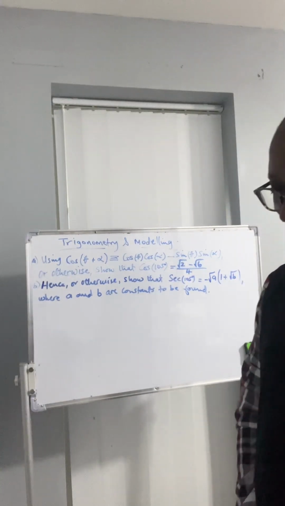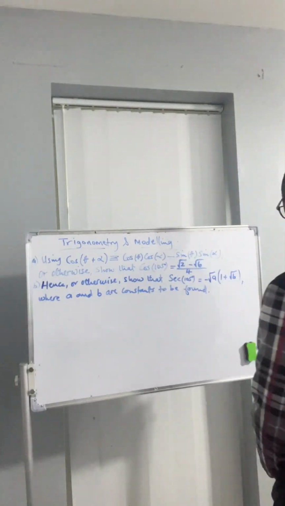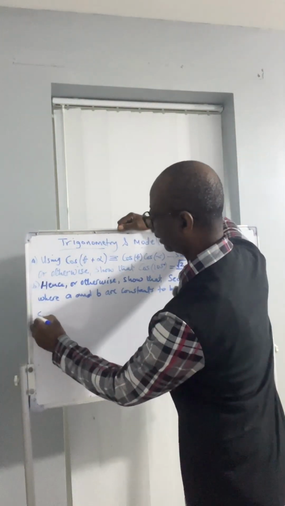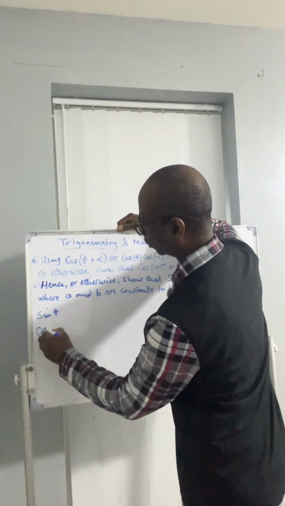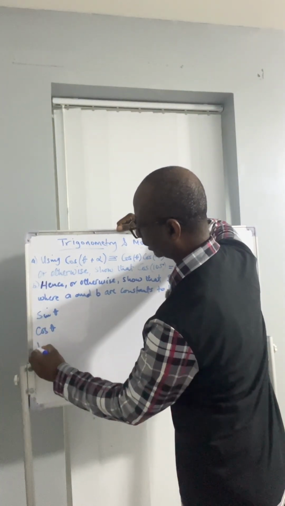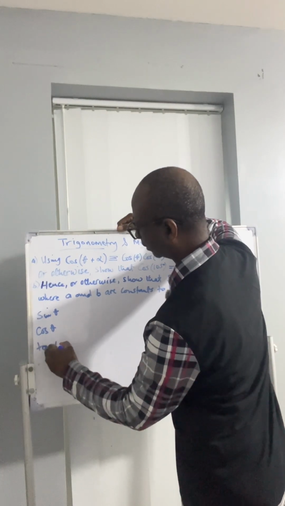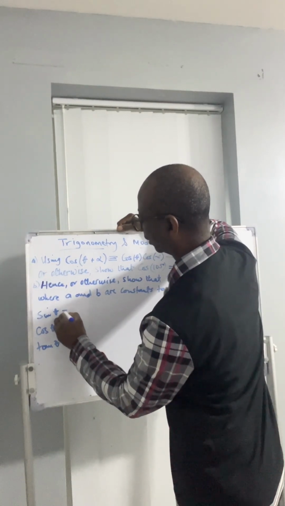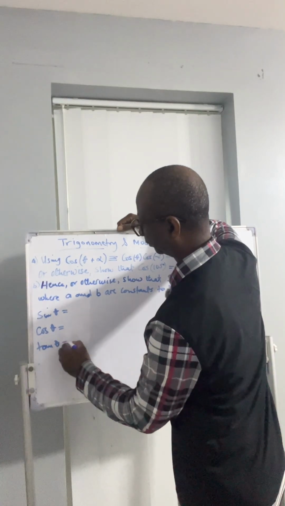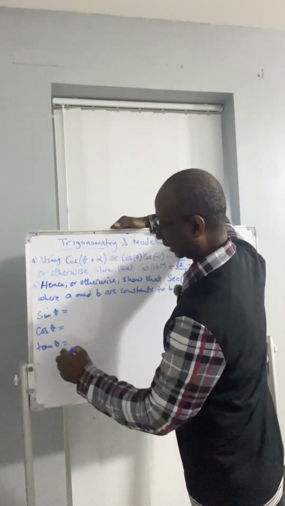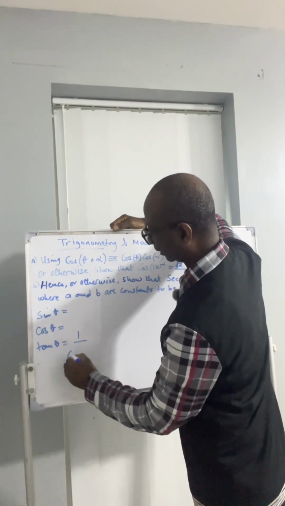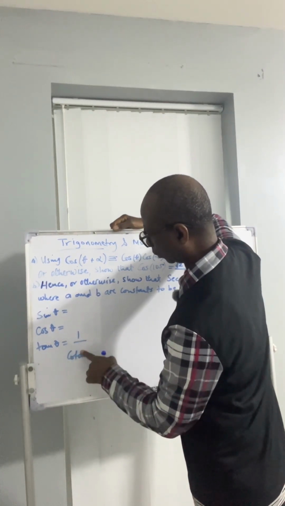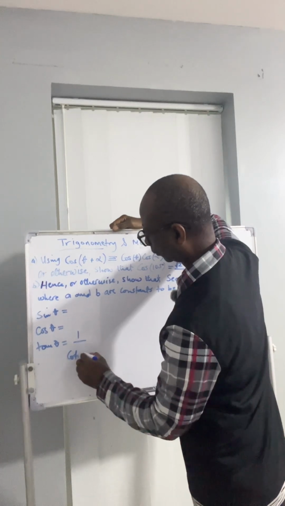The trig identities are actually 6 in number. You must know that. You have sine of theta, cosine of theta, you have the tangent of theta. The tangent of theta is 1 all over the cotangent of theta.